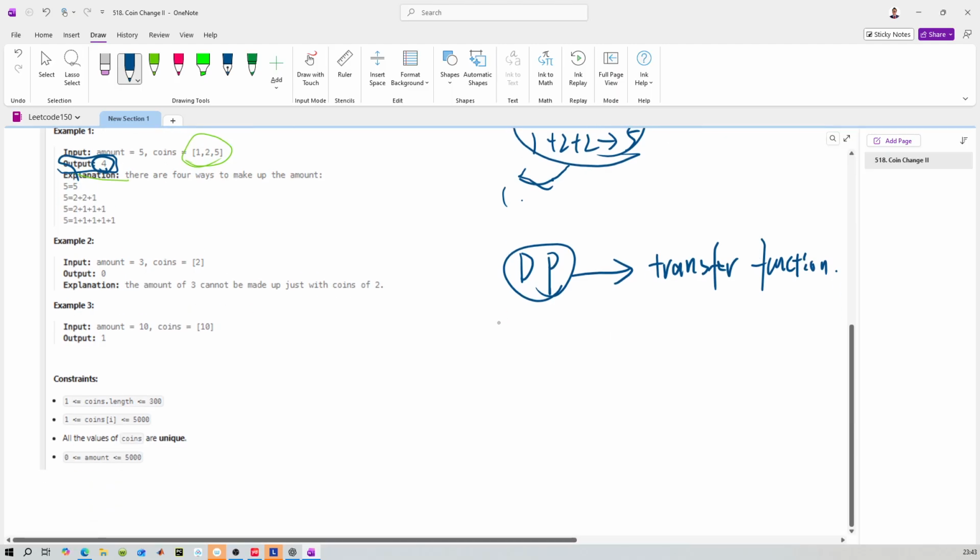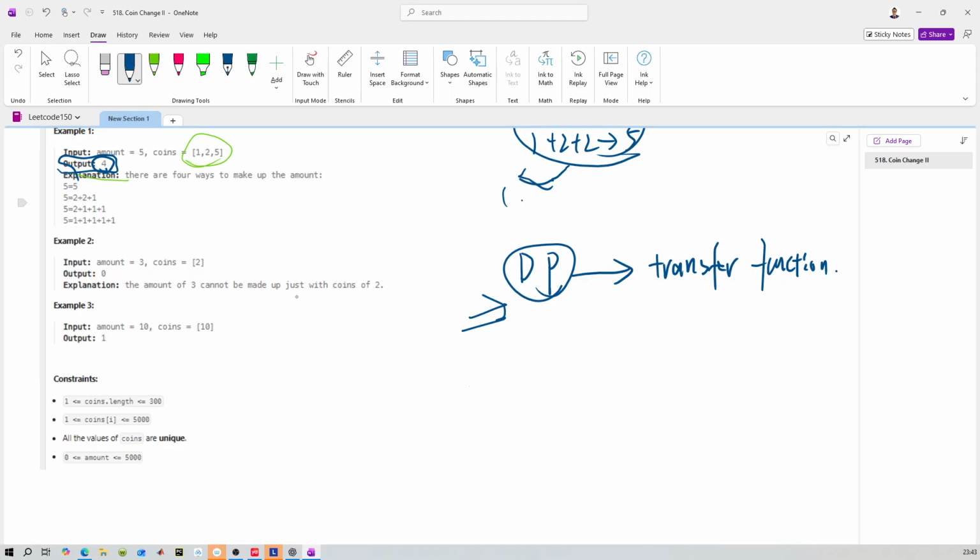Why do I know that it is a dynamic programming problem? Because to solve the unique number of ways of making an amount of 5 using 1 to 5, if I know how to solve number 4, I will know how to solve number 5 because it's just plus 1.